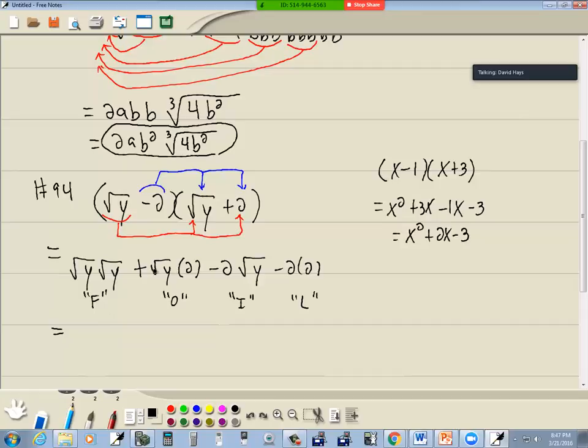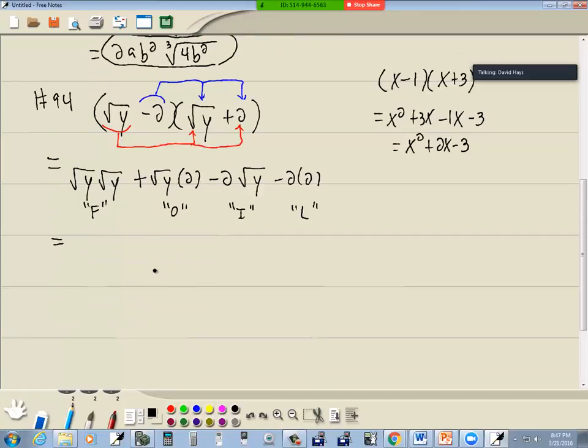Now I already mentioned, if we're going to multiply radicals, all you do is multiply and put them underneath a single radical. So square root of y times square root of y gives us square root of y times y. Square root of y times 2 is 2 square root of y, minus 2 square root of y, minus 2 times 2 is 4.